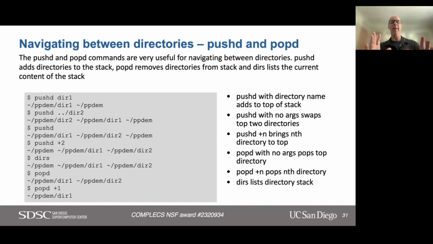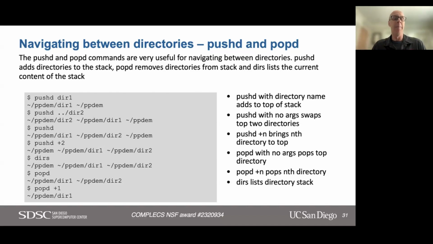Imagine that you had logged into Expanse or Bridges with Stampede, and there are things that you want to do in different directories. You want to go into one directory where you are, say, building your executable, modifying it, recompiling. Another directory, say where you're executing it. So we can put these directories onto the stack and we can move back and forth between them with pushd.